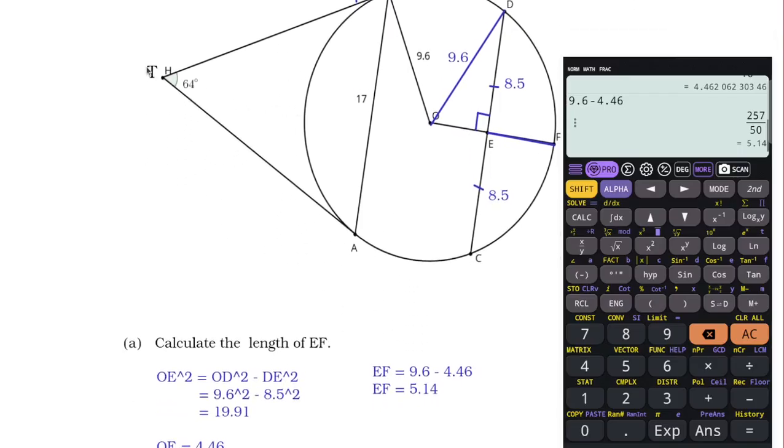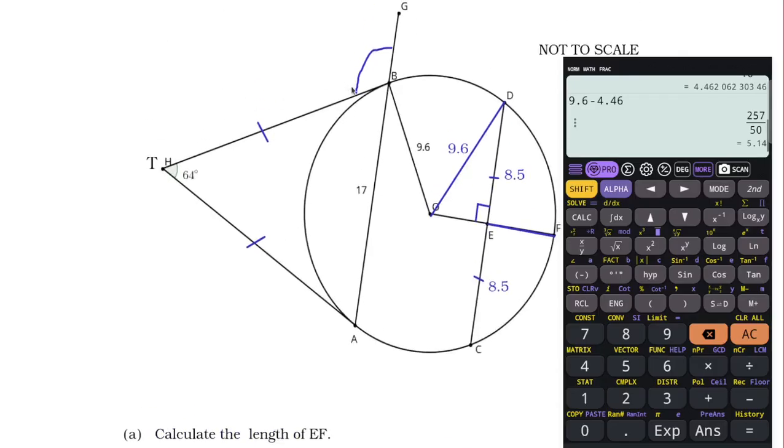It says once you draw two tangents from the same external point, they are going to be equal in length. So this is equal to this, and this makes triangle TAB an isosceles triangle. So we are expecting the base angles to be equal. This and this are equal.